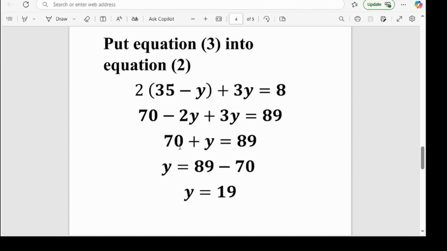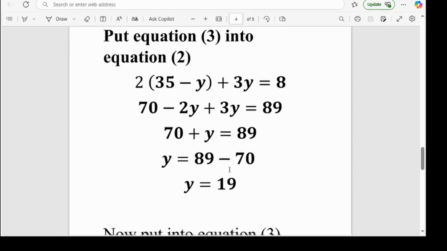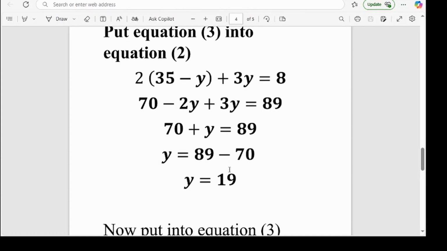So 70 must cross to the other side, and 70 is a positive number. So when it crosses the equal to sign, as explained earlier on, it will change its form to become a negative number. So y is equal to 89 minus 70, and y is 19. So we've been able to calculate the age of Friedrich.